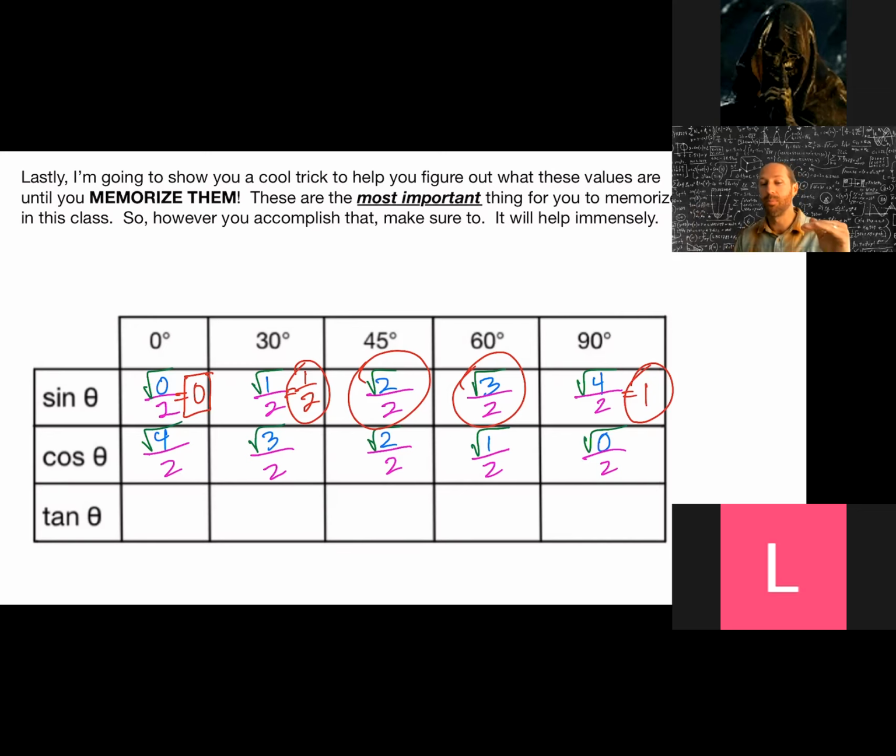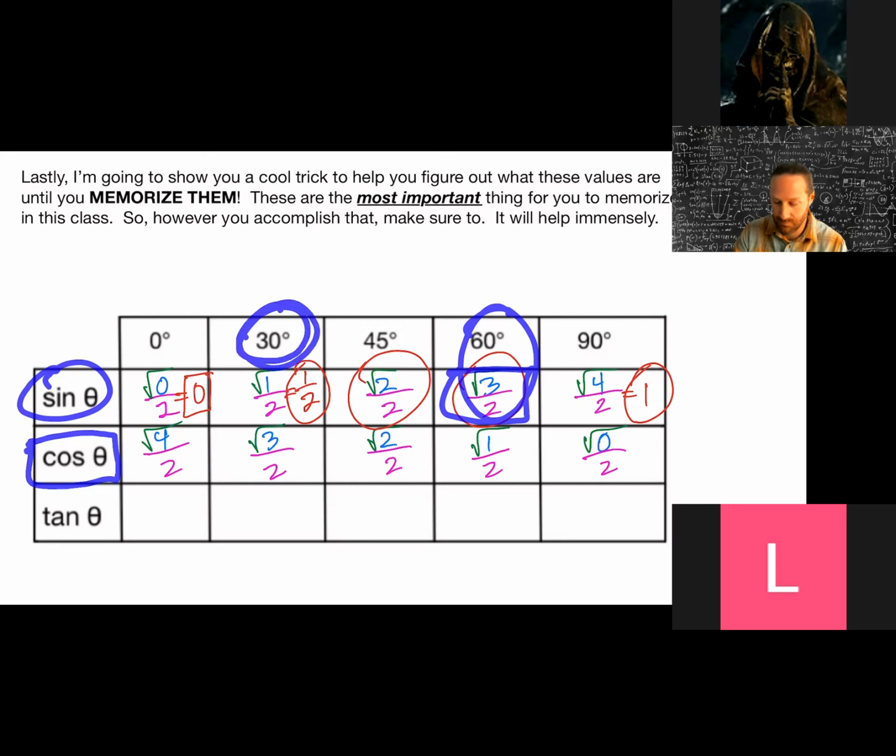This is your multiplication chart that you guys need to memorize from here on out. Now remember, these are complements of each other. They're cofunctions. So notice that the 60 for sine is root 3 over 2, which means what would it be for cosine? Cofunctions, complementary. 30 and 60 together is 90.